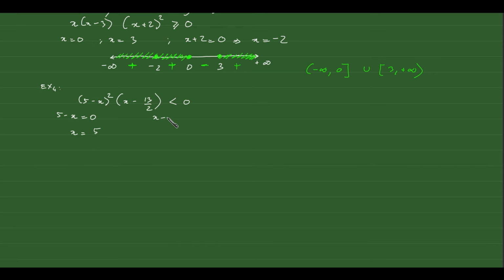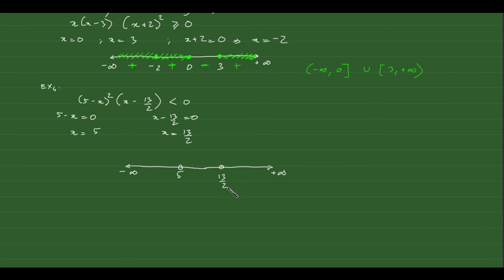Okay, and you solve for the value here. As long as you solve for the value, you know the number you're gonna put on the number line. So you put 5 over here, and 13 over 2, which is 6.5, over here.